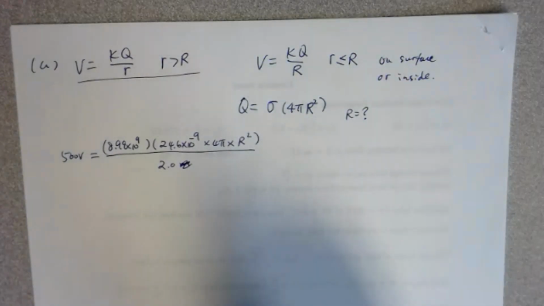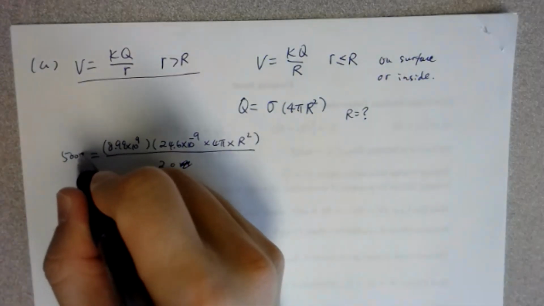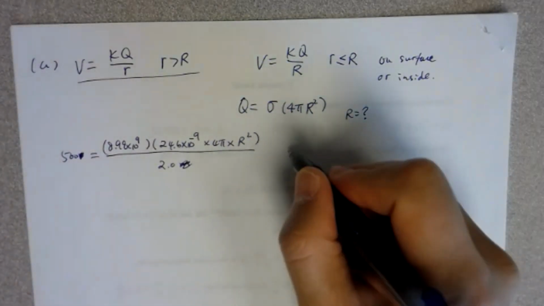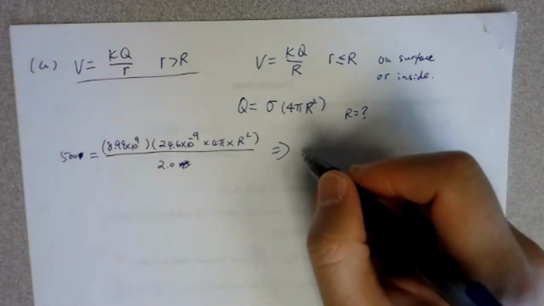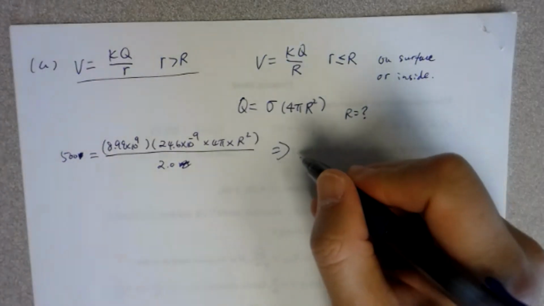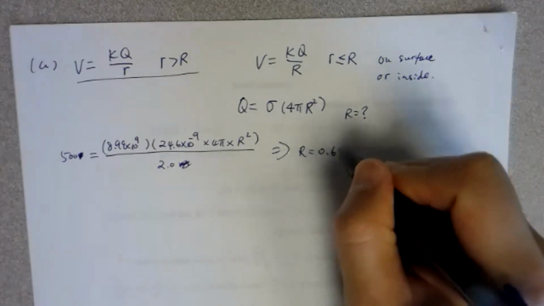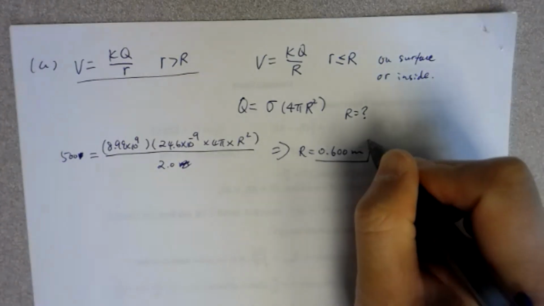But let's not use any units for right now because everything is in SI unit. So you can solve for your R. On this equation, you solve for your R. It turns out to be 0.66 meters, okay, for this R.